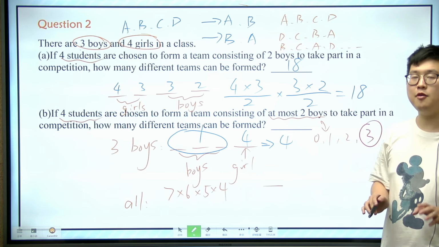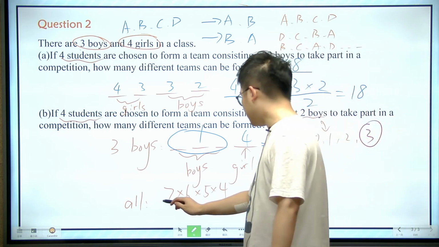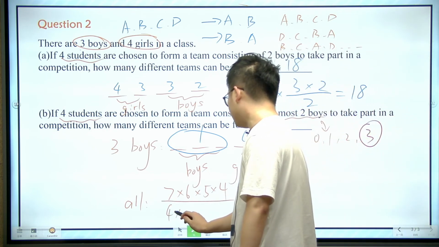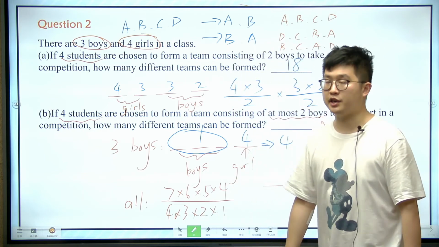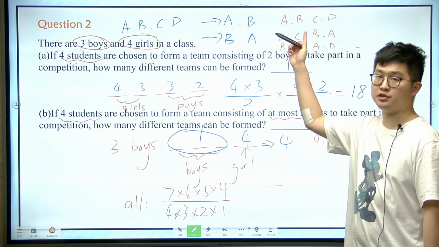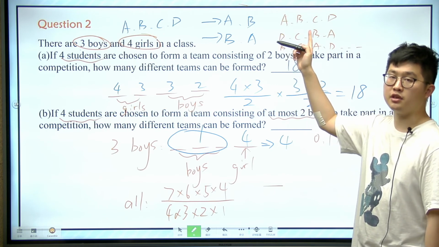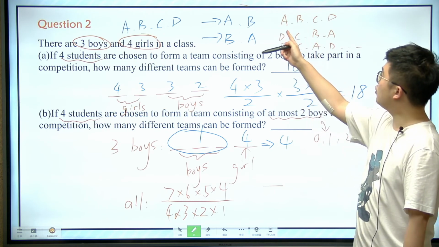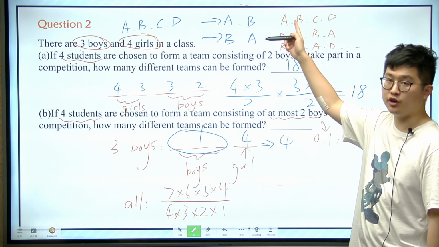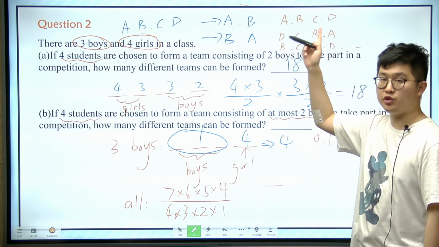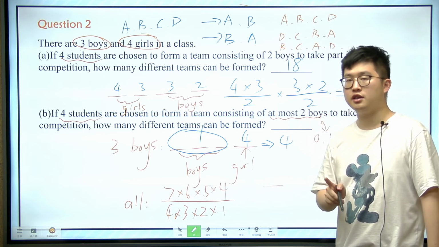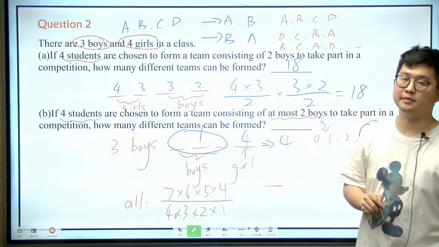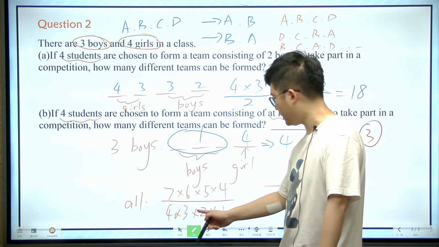So in fact, we divide by 4 times 3 times 2 times 1. Because we have 4 team members, there are 4 choices for the first place, 3 choices for the second, 2 choices for the third, and the last one is decided. So 4 times 3 times 2 times 1.